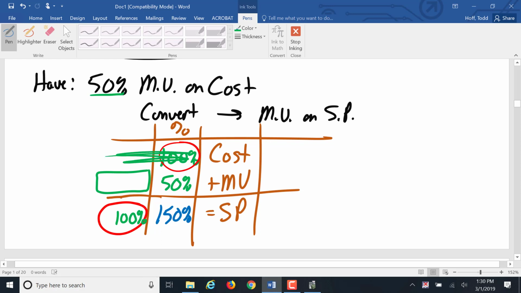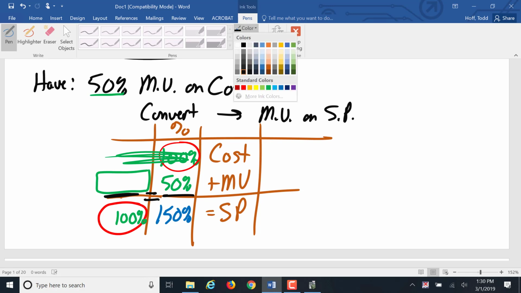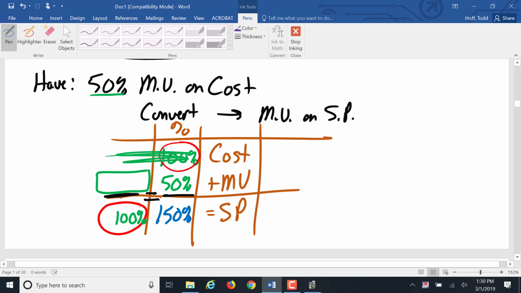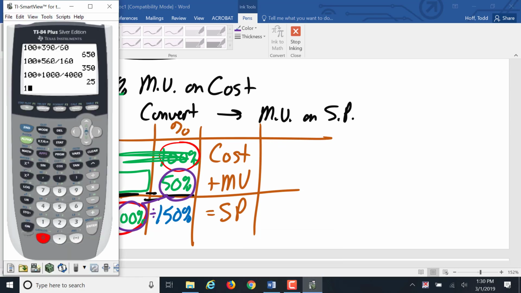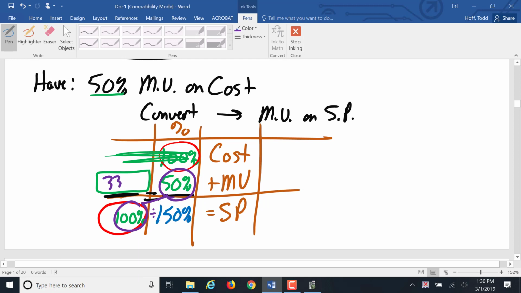Note, I can ignore this top piece, and I have a little proportion right here. Blank over 100 equals 50 over 150. I can cross multiply and divide there. 100 times 50 is 5,000, divided by 150 should give us 33.333, or 33 1/3%.